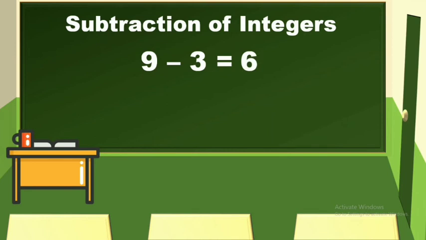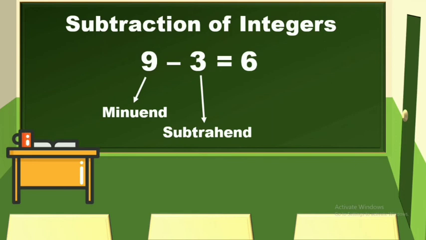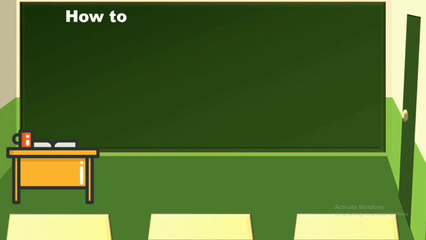In this case, 9 is what we call the minuend, or the first number, the second number is what we call the subtrahend, and the answer in subtraction is what we call the difference. Don't forget that. The question is how to subtract integers.